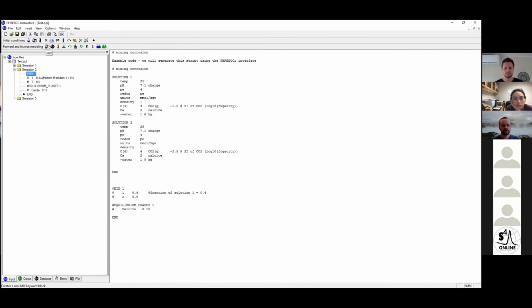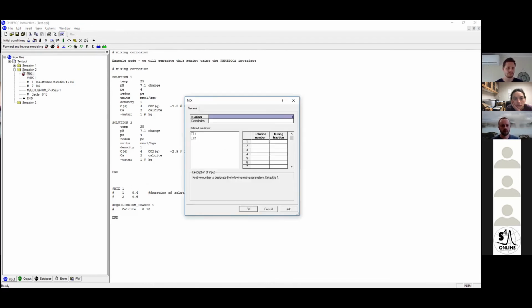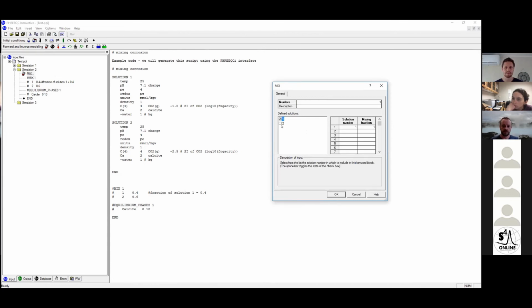There we go. So that little flask with a plus is mix, okay? And so it can tell that we've already defined two solutions. So I'm going to select both of them. And then it's a matter of just telling it what fraction of which solution you want to include. So in the example I've got here, I'm using 0.4 and 0.6.